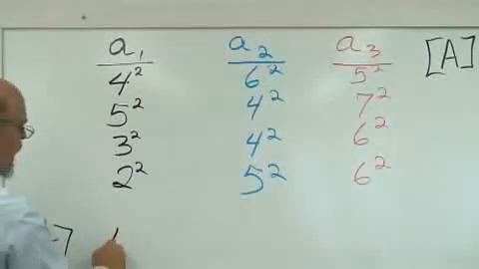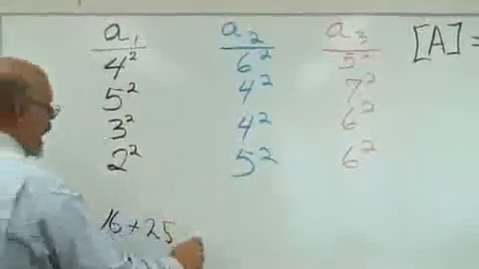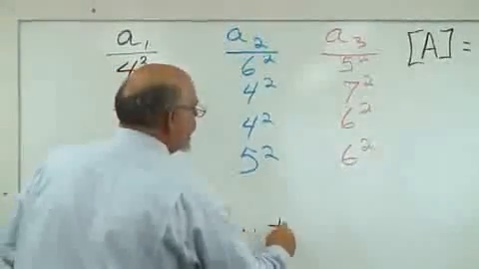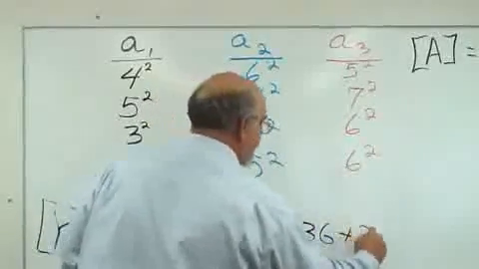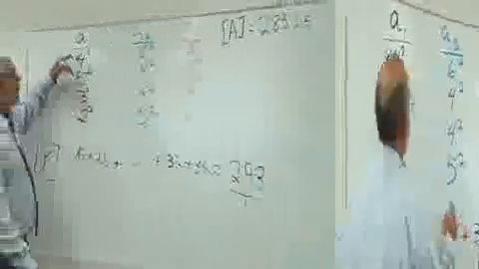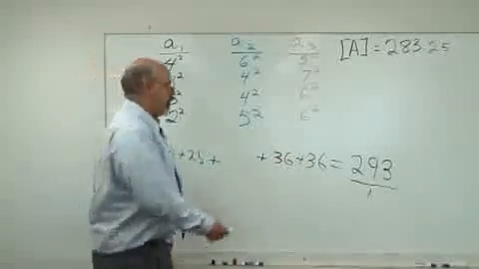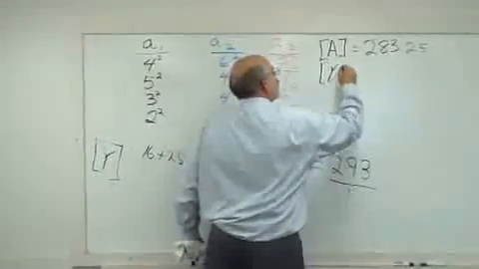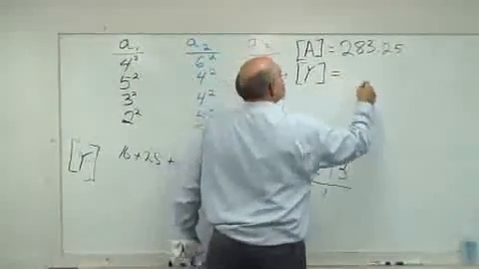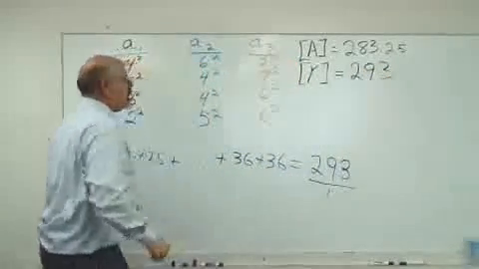So here it's going to be 16 plus 25, and so on, all the way over here to the last one, which is going to be 36. Square them, add them all up, divide by 1. Doesn't change the value. So the Y bracket term is 293 from this data.